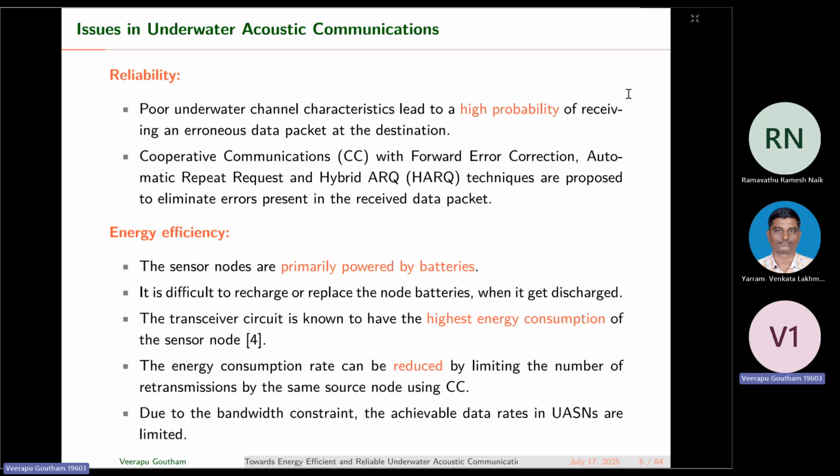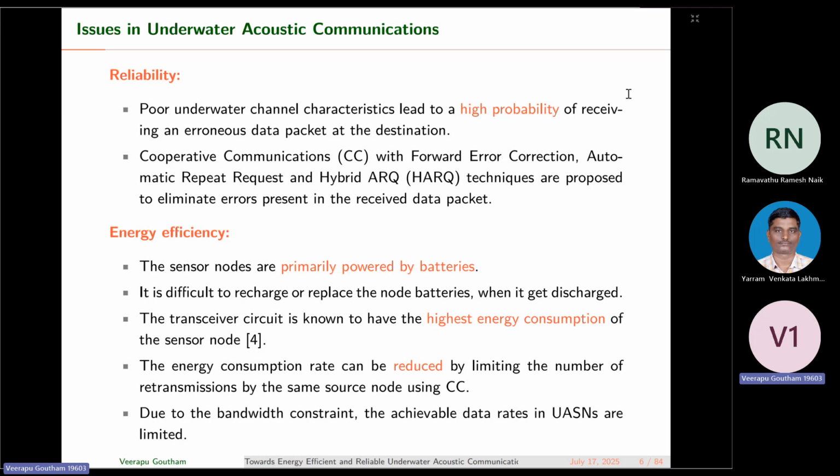One more problem with underwater acoustic communication is energy efficiency. We need energy efficiency because the sensor nodes are primarily powered by batteries. Once deployed in underwater, it is very difficult for us to recharge or replace the batteries of the sensor nodes.